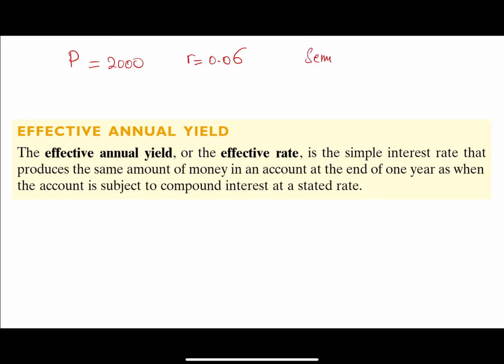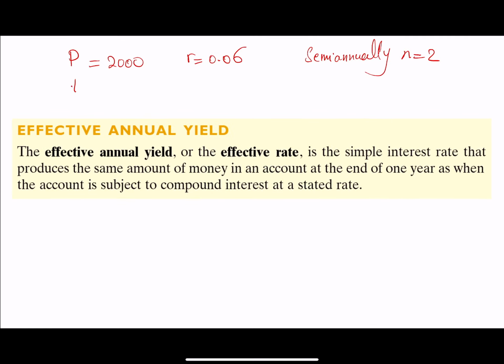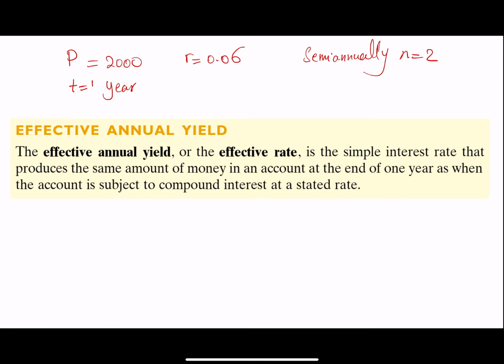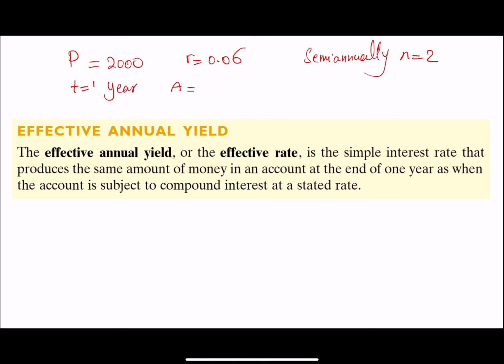So semi-annually, so n is equal to 2. After a period of 1 year, we want to see how much you get. Let's calculate that. So future value is equal to principal times 1 plus r over n to the power of nt.